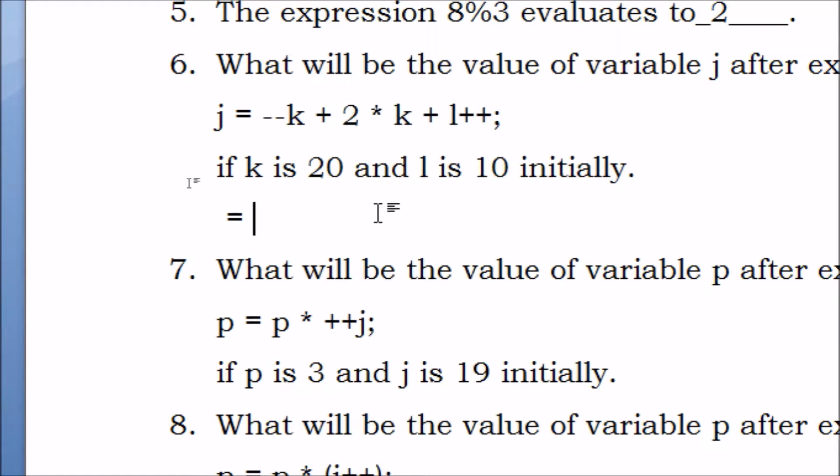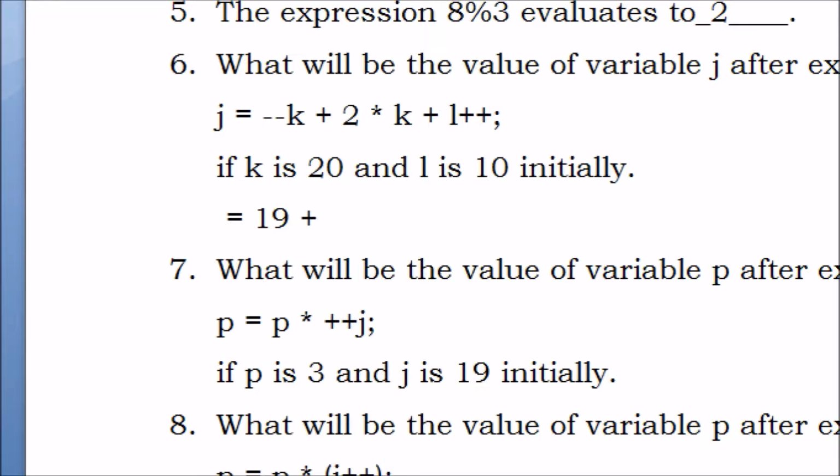First of all I have minus minus k. Since it is pre-decrement, what value will I take? The decremented value. k will be decremented first, and then I will place the decremented value. So it is 19, and remember guys, k has become 19 now.